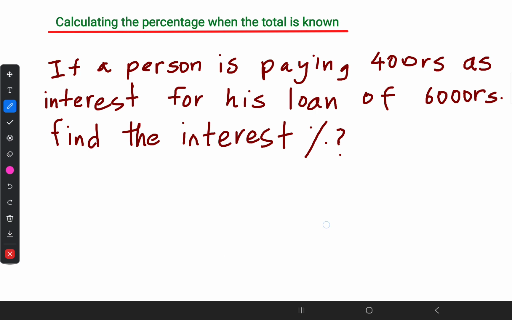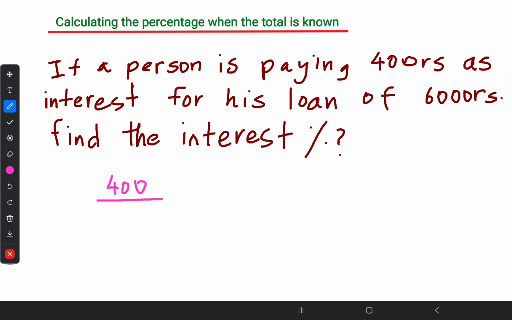If a person is paying 400 rupees as interest for his loan of 6000 rupees, find the interest percentage. To find the interest percentage, first write the interest as a fraction. Interest is 400 rupees for his loan.